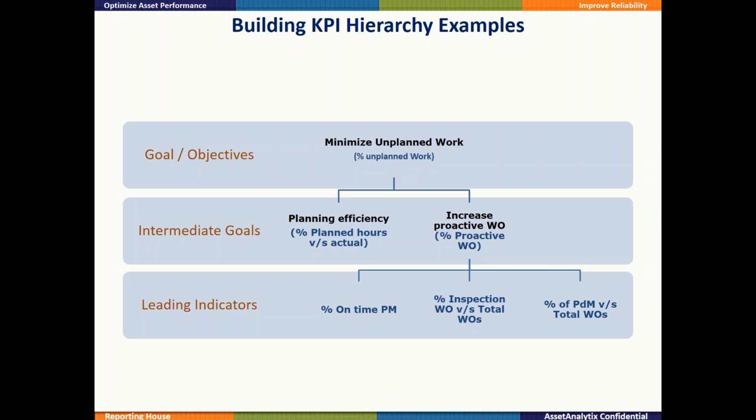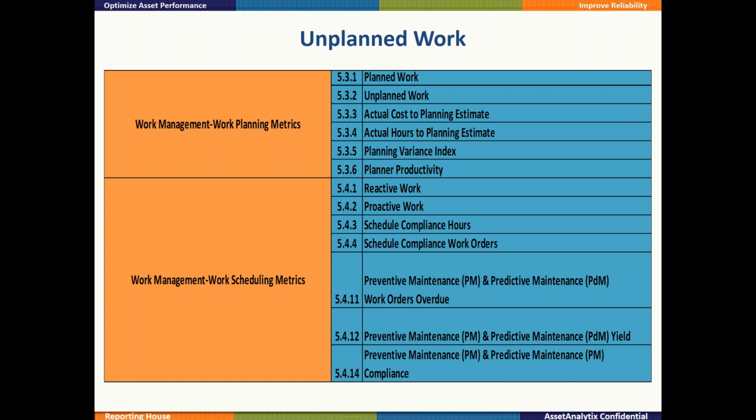Same as I was talking about with minimizing unplanned work, planning efficiency, and then moving down. The same thing can be said. You can see that there are work management, work planning metrics based on the SMRP, or work management, work scheduling metrics. And if you're not a member of the SMRP, or if you are a member, a lot of these metrics are provided to you as part of the membership.